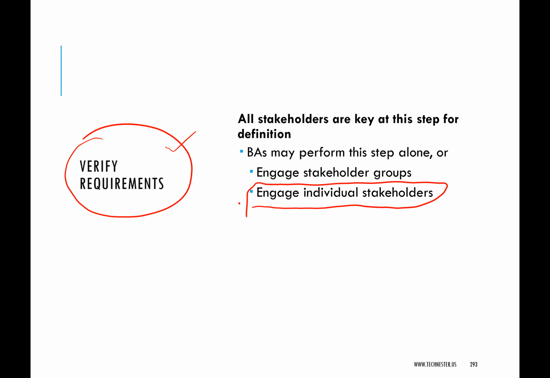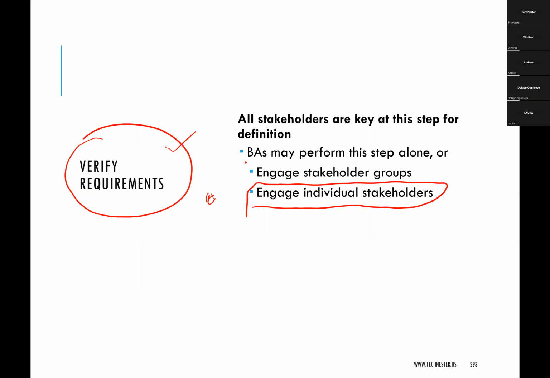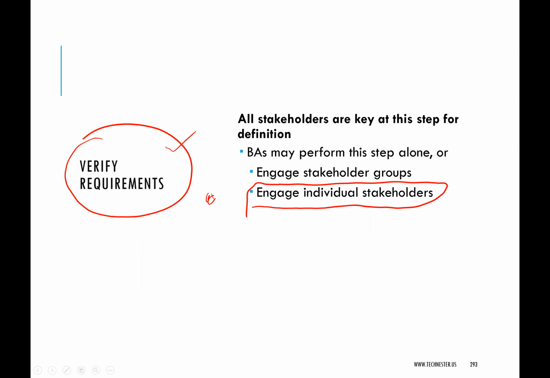So in that case, you just tell the BA, sorry, correct this line. This line is facing the wrong direction. And the BA fixes it and you move on. Okay, any question?